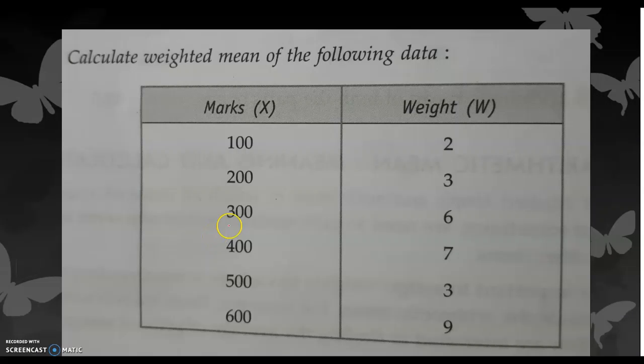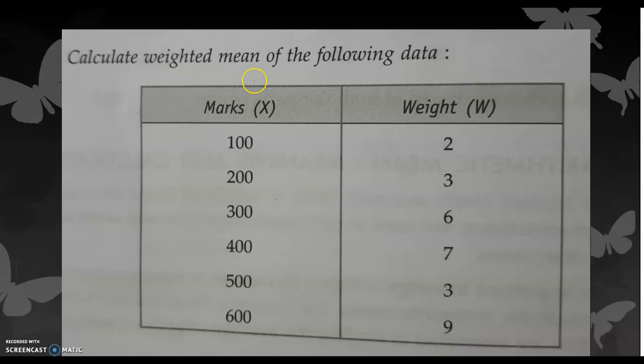Children, here is an example for you. Calculate weighted mean of the following data. Marks 100, 200, 300, 400, 500 and 600. Weights are given as 2, 3, 6, 7, 3 and 9.